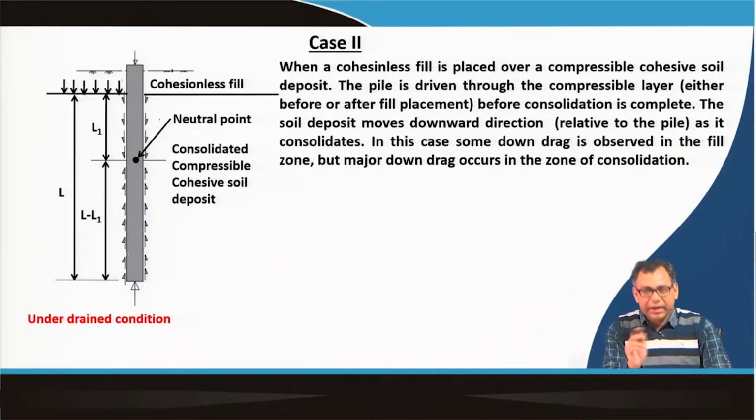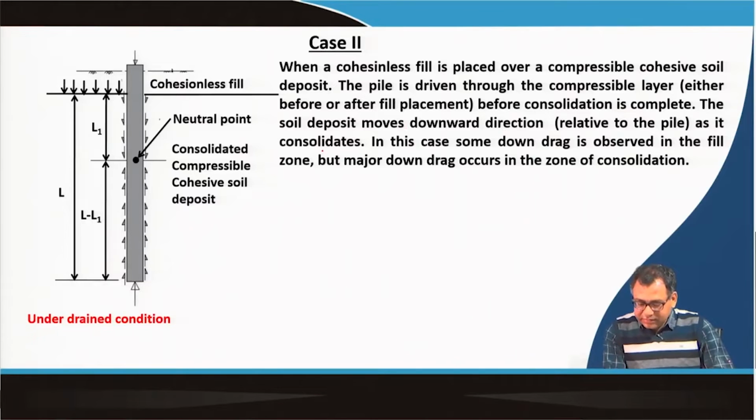The negative skin friction will not be considered for the cohesionless fill, which will act as a surcharge on the compressible clay layer. So negative skin friction will be generated for the clay layer only. The soil deposit moves downward as it consolidates.